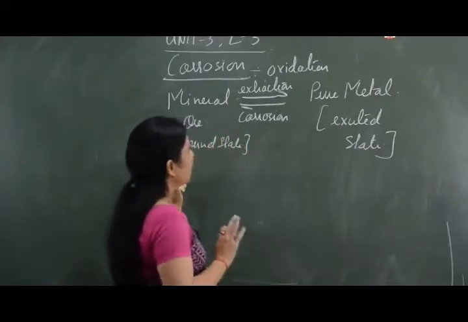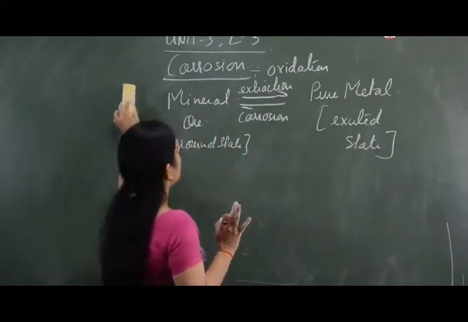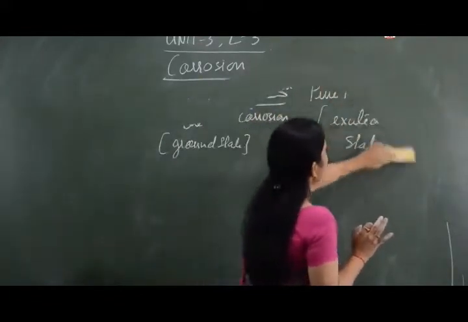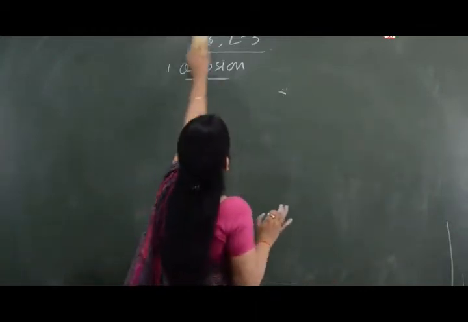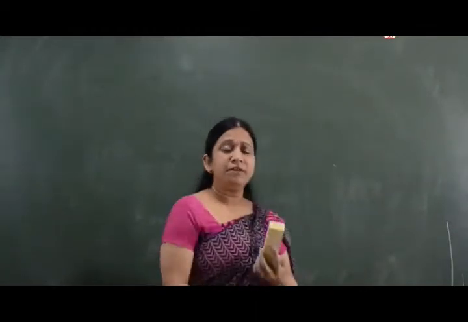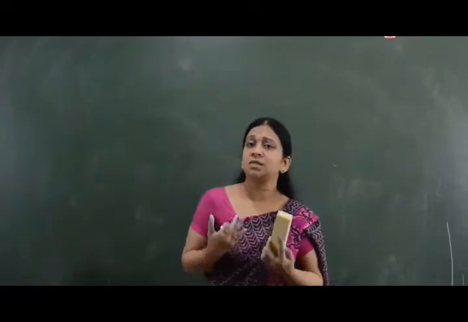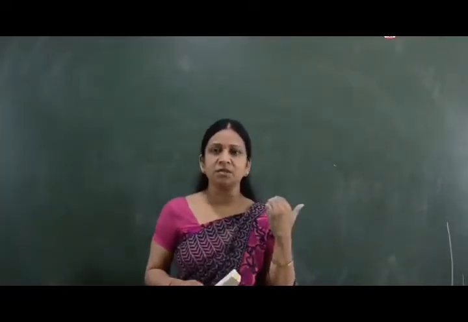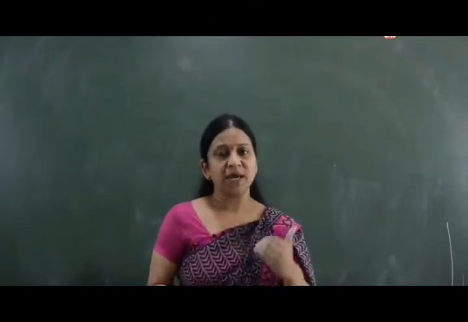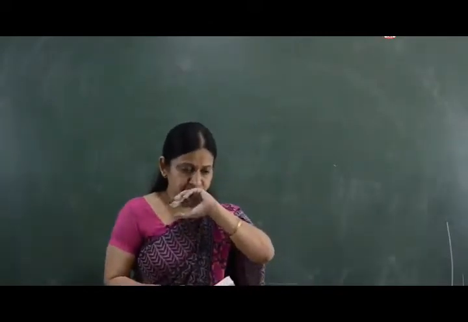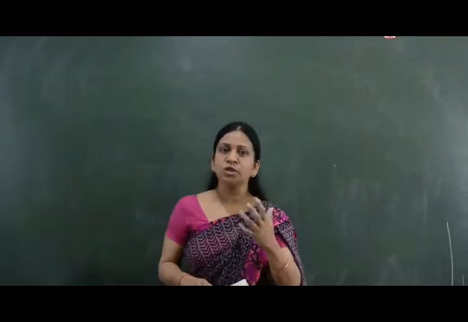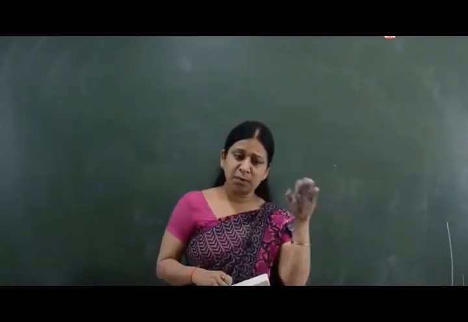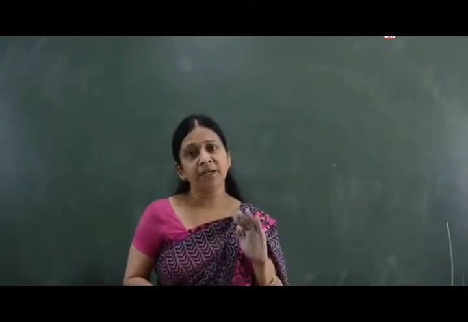So, that is why corrosion takes place. Corrosion takes place because the metals want to attain stability. Pure metal, after extraction, is not present in the ground state, but in an excited state. And the effect of corrosion is that the important properties of the metal get tarnished.